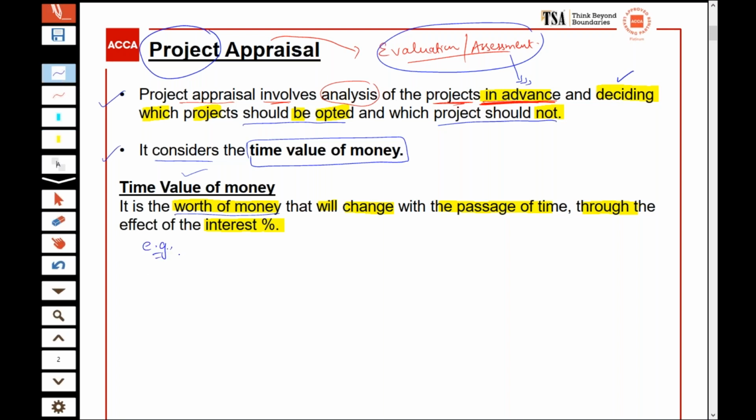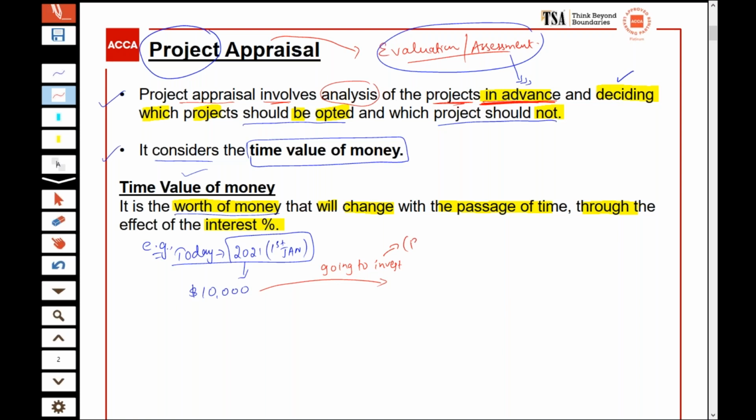For example, today is 2021 and it's 1st January. I have $10,000 in my hand, and I am now going to invest.